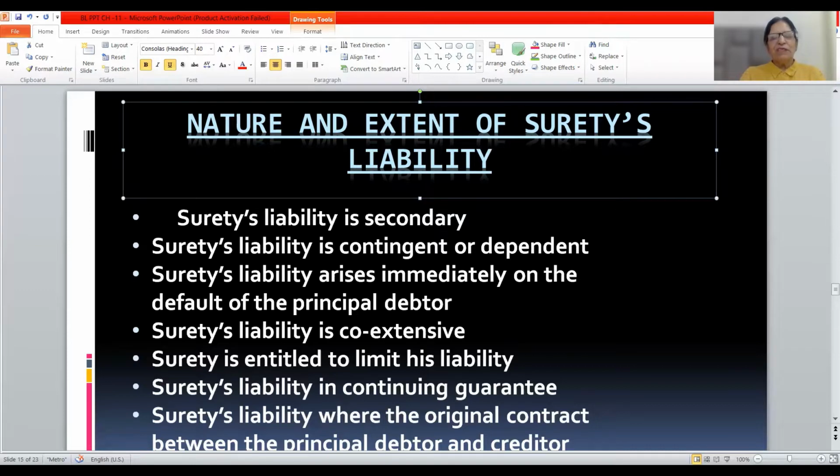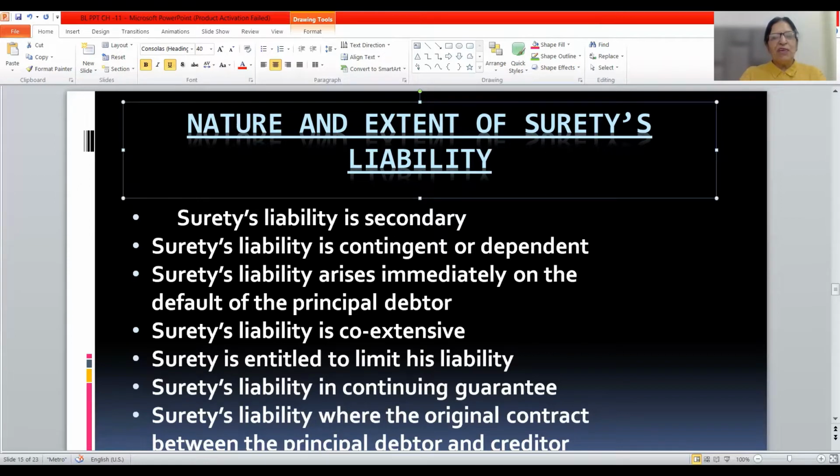But if he defaults, then the creditor cannot file a suit against the minor debtor, but the surety will be held liable. So wherever the contract between the principal debtor and the creditor is void, it does not mean, friends, that the surety will be discharged from his liability.